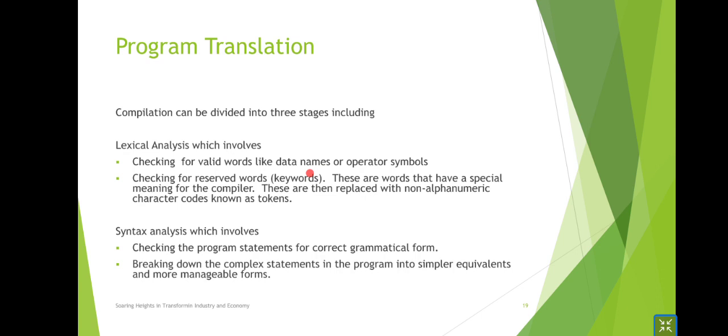Then we have the operator symbols. The operator symbols are what we have known since standard 1. The operators are addition, multiplication, division, subtraction, and they keep on changing depending on the language that you are using. These operators have a meaning, and you have to use them the way they are supposed to be used. If you don't use them as expected, then you get an error.